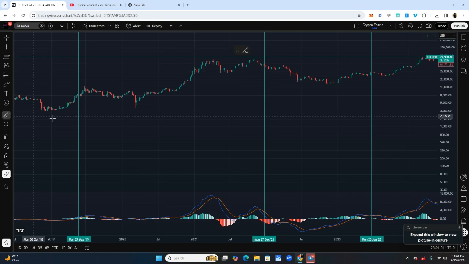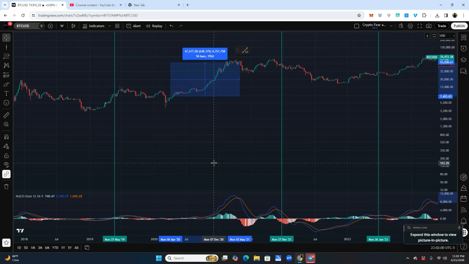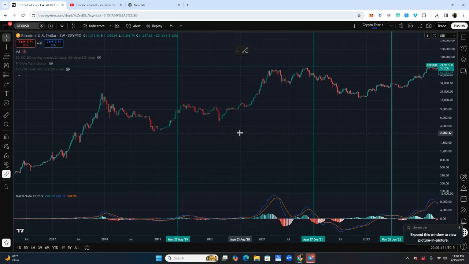So if you would have bought only on that cross and then sold up here, you would have made 600%. There was a fake out there, right? And sometimes you can have those. But that is, again, why you pair it with other indicators.